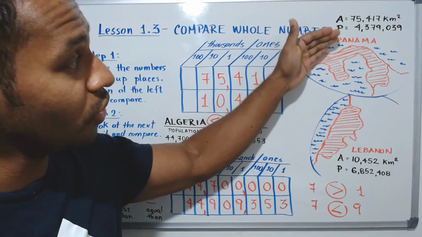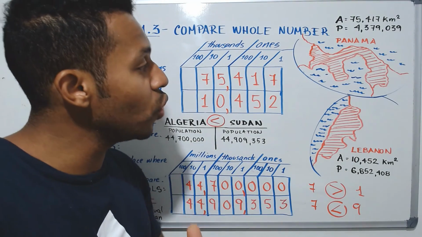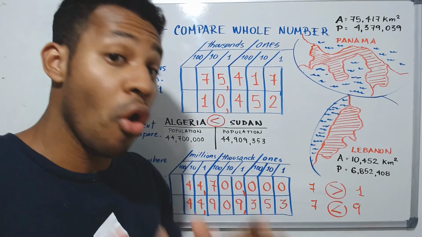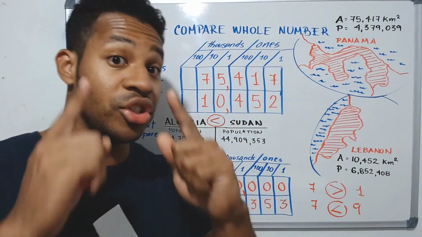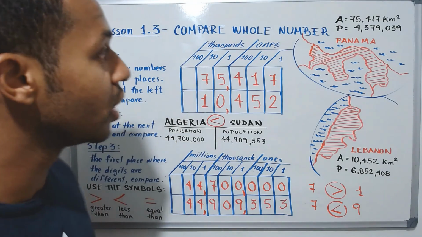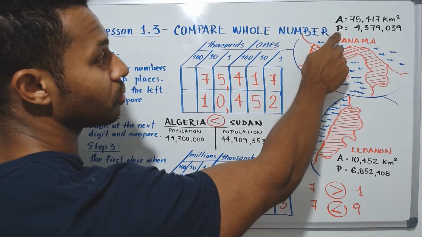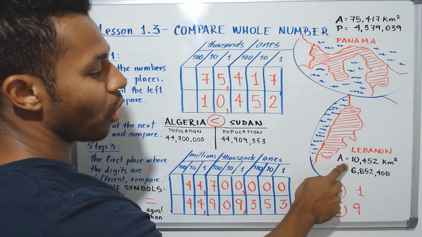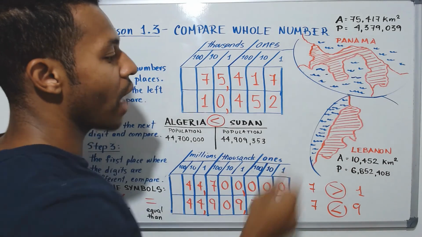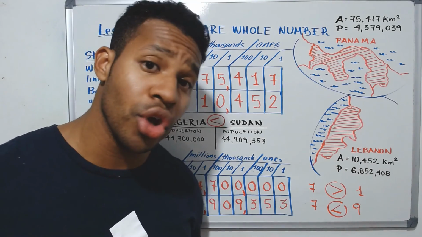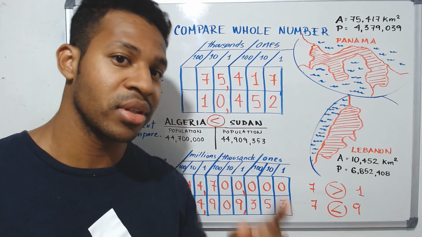And with Panama and Lebanon, we figured out which of the two places has more space on Earth. Of course, Panama. But now it's your turn to practice. You're going to look for the population of Panama and the population of Lebanon. Use these two numbers and compare. Which of the two countries has more population? Let's think about it.